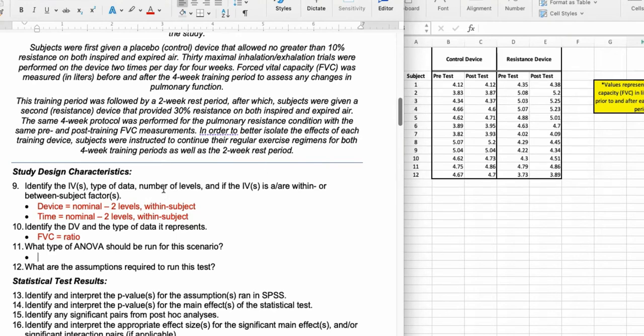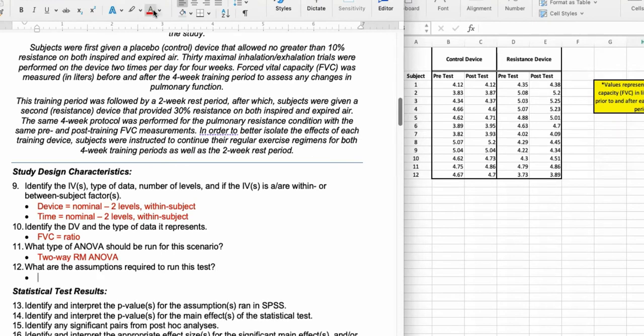Vote for something else. How many independent variables are there? Yeah, there's 2. So this one would be a 2-way repeated measures. We could also write as a 2x2 repeated measure, a 2-way within, 2x2 within. There's different ways that could work.